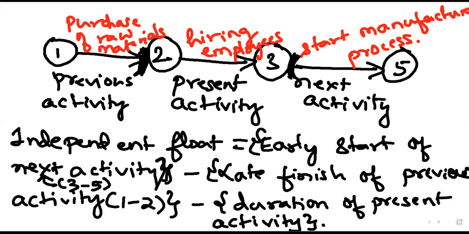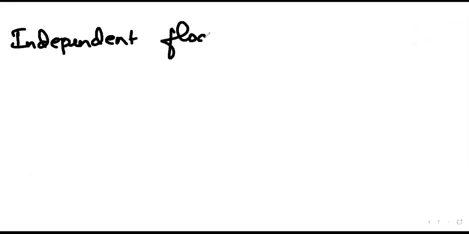Okay, I'm going to the next screen. We are supposed to determine the independent float for activity 2-3. So what is the independent float for activity 2-3? First we require the early start for the next activity.